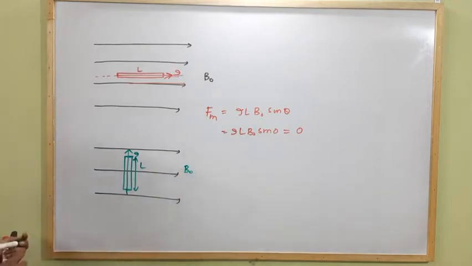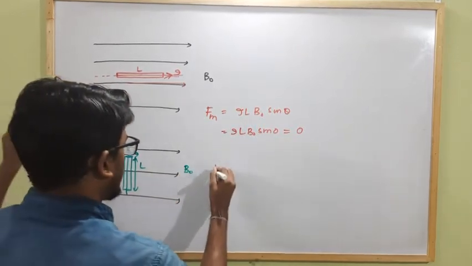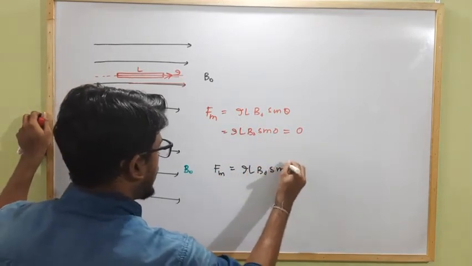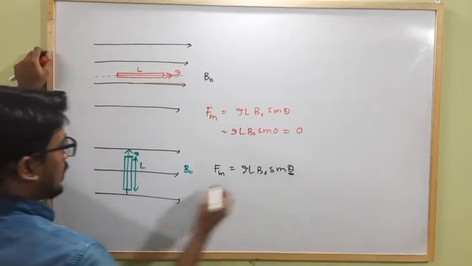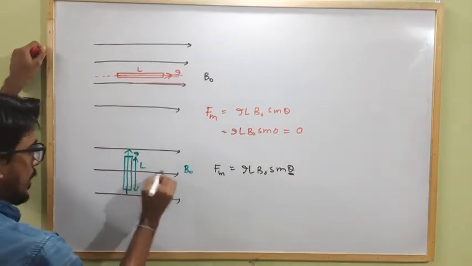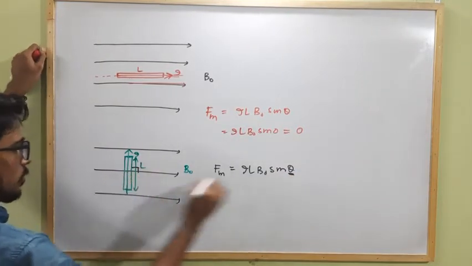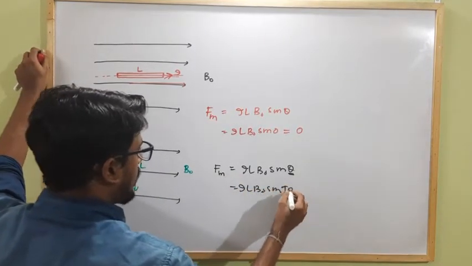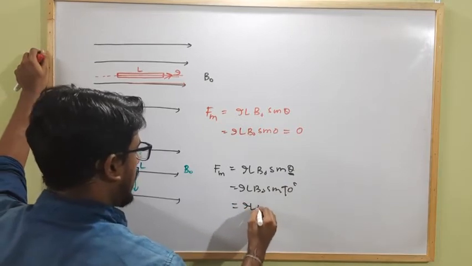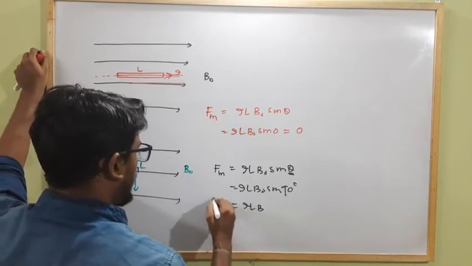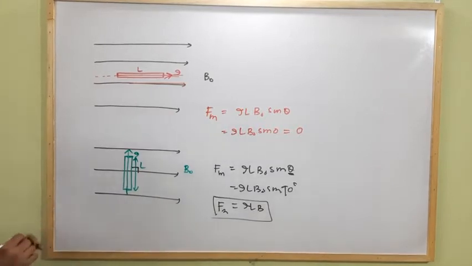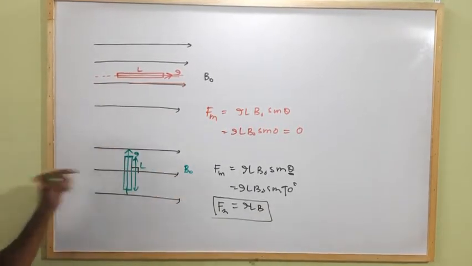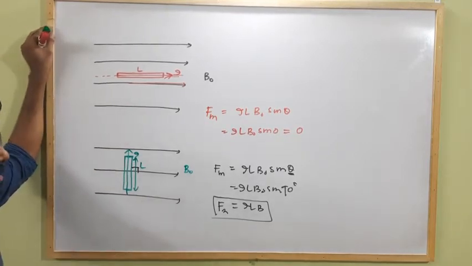So here in this case, the magnetic force Fm is equal to I L B naught sin theta, and here theta, the angle between the length vector and the magnetic field, is 90. So it will become I L B naught sin 90. What is the value of sin 90? 1. So the force will be I L B. So the magnetic force experienced by a current carrying conductor is maximum when the direction of the length vector and the magnetic field strength are perpendicular to each other. Clear?